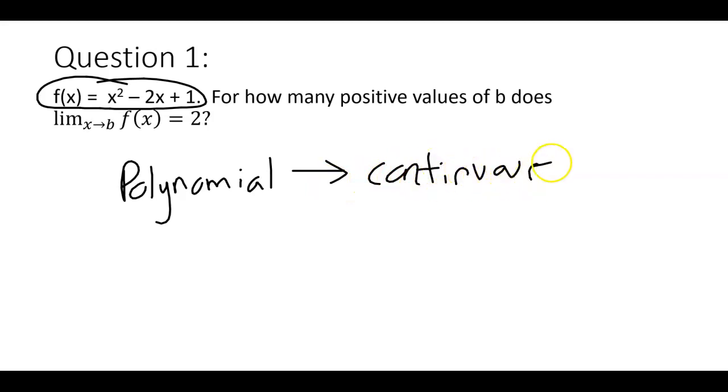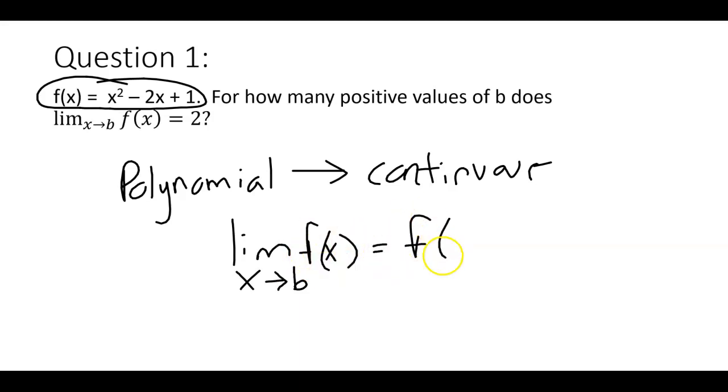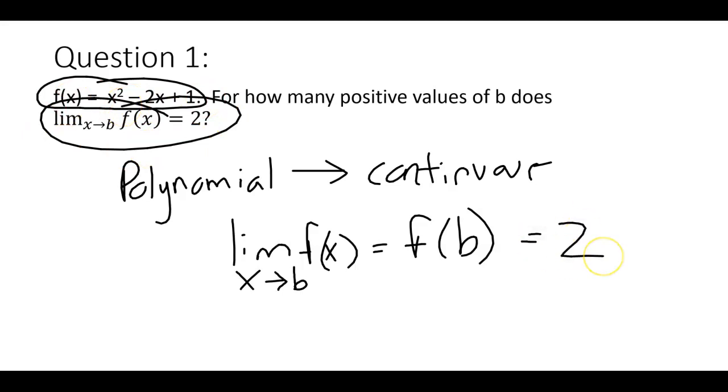And if they are continuous, that means that the limit as x approaches b of your function should be the same thing as f of b. Okay, so if this thing equals 2, then that means f of b also equals 2.